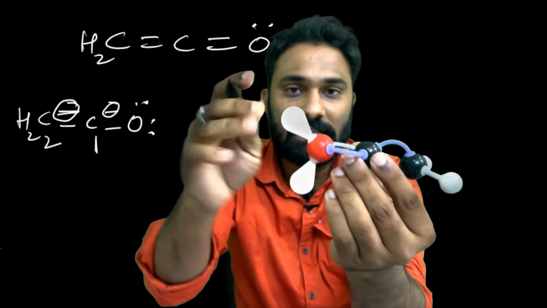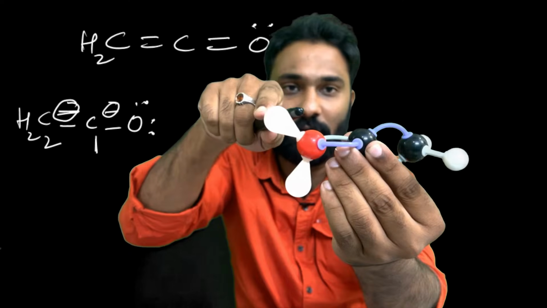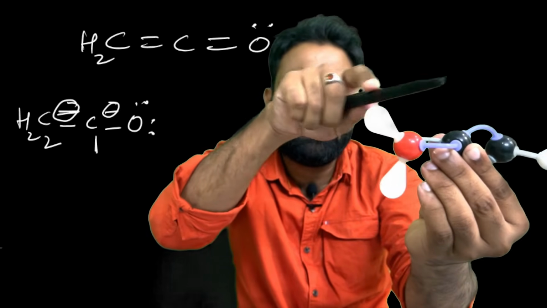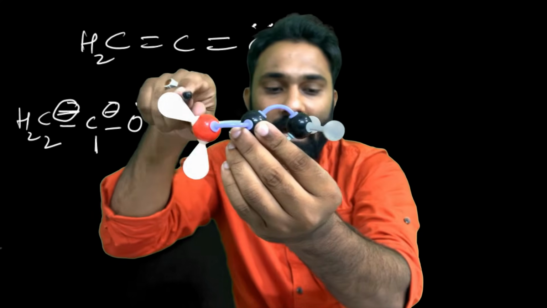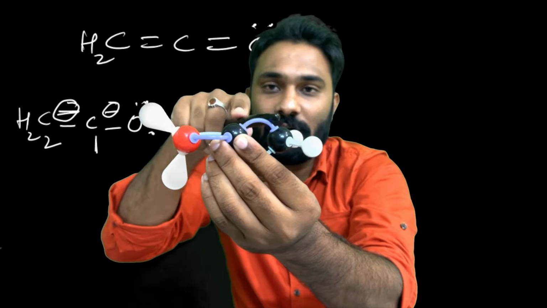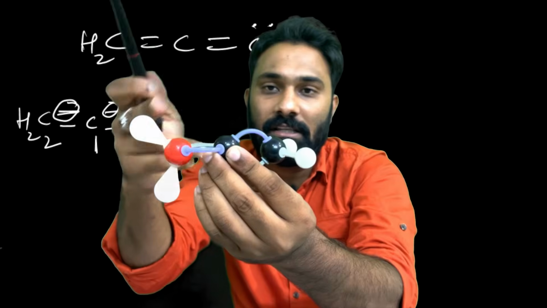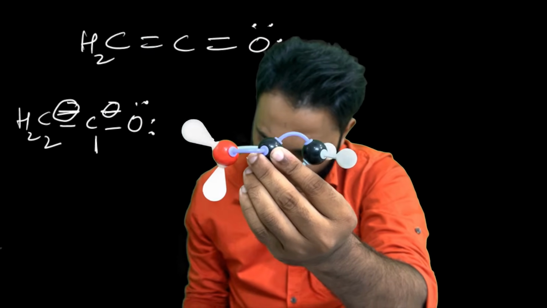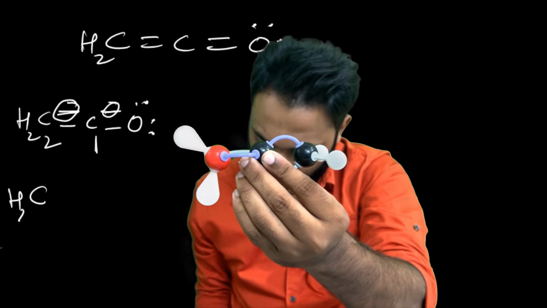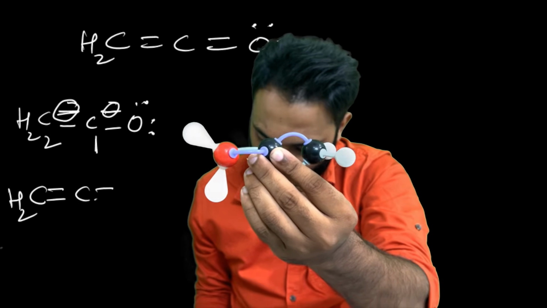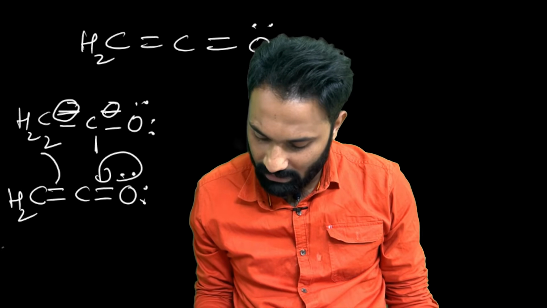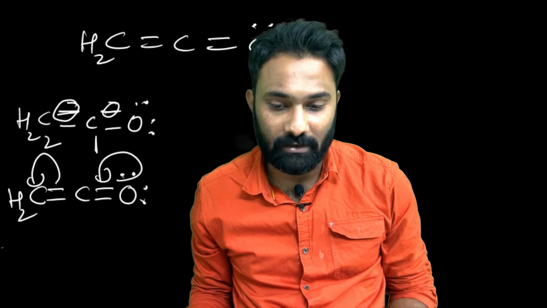But the oxygen lone pair and the second carbon pi bond, both are parallel to each other. Both are what? Parallel to each other, right? That's the reason, only due to this parallelism, this delocalization will happen. How? This oxygen lone pair of electrons will be delocalized and this pi bond will be shifted here.